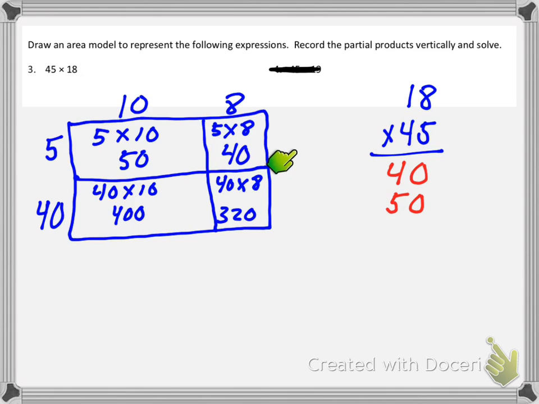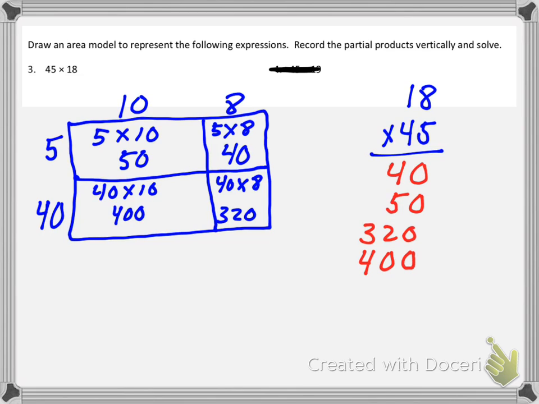And then going on to our third product, we've got 8 times 40, or 40 times 8 is 320. Because if you look over here, 40 times 8. See how we're moving this on? Now let's do the last one. We're going to do 10 times 40. 40 times 10 will give us 400.